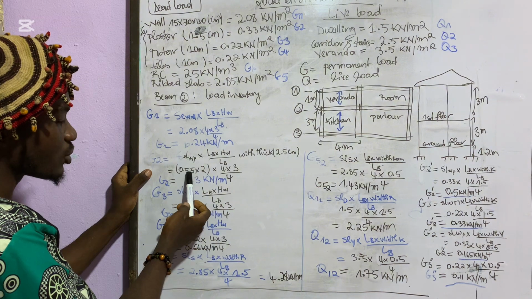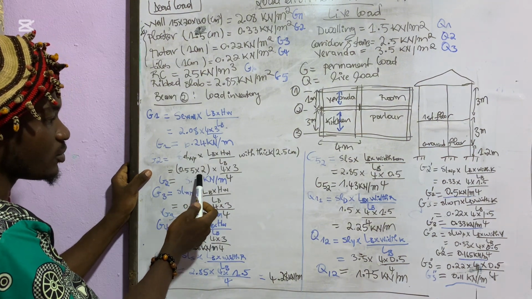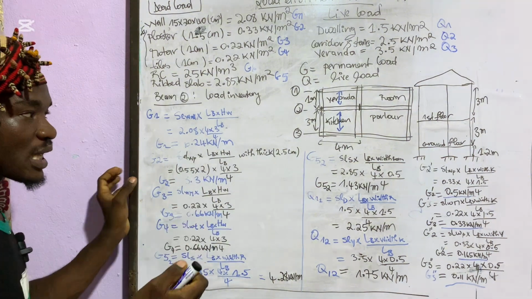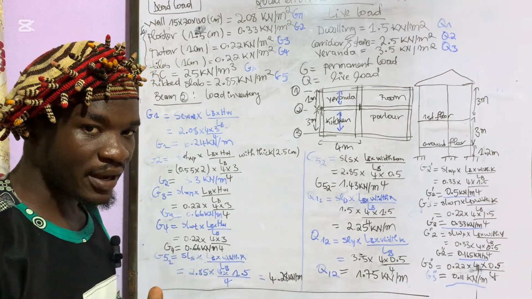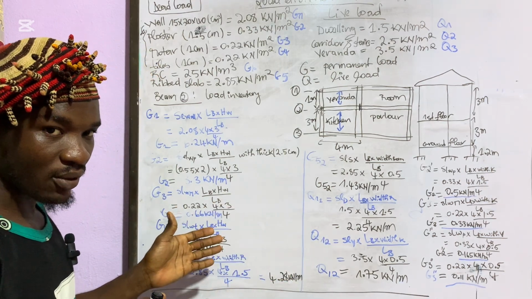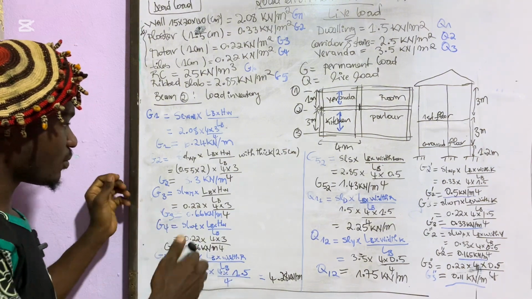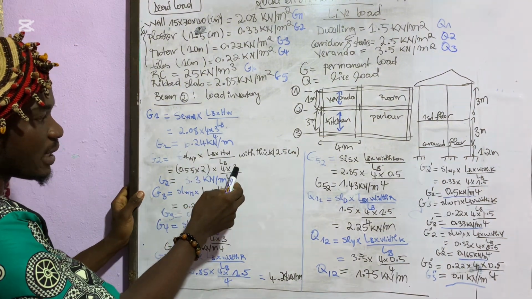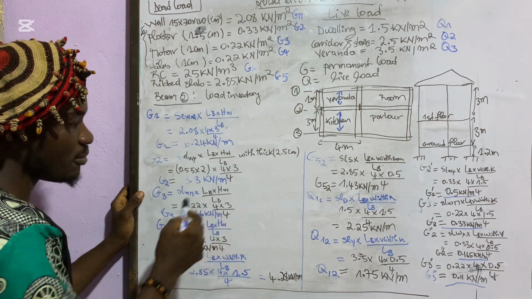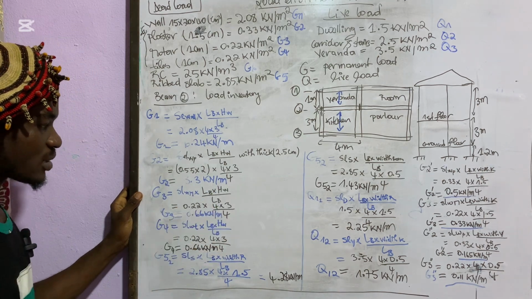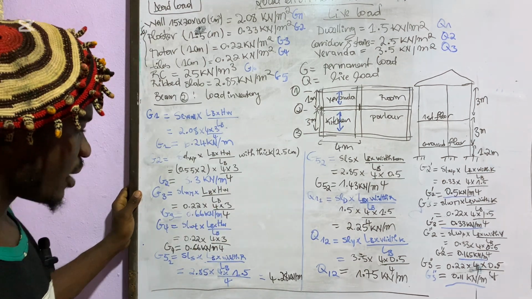You can make the calculation, you obtain 0.55 kilonewton times 2. This times 2 is actually showing that the plaster is on both sides of the wall, either external or internal. That's why I multiply times 2, and then I simply multiply times length of the beam times height of the wall divided by length of the beam. I obtain the answer of 3.3 kilonewton per meter.